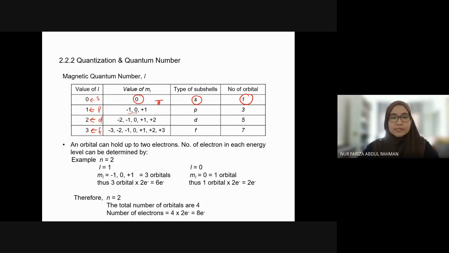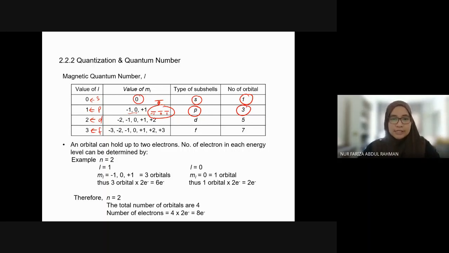So this shows that the P orbitals have 3 orbitals. This is how the orbital diagram looks like, -1, 0, 1. So this is what we call P orbitals. As you can see, we have 3 orbitals.